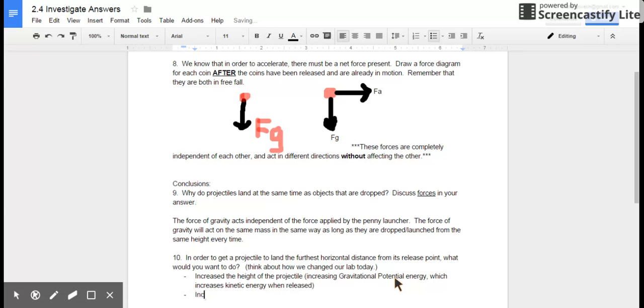We also increased the applied force or the elastic potential energy, which increases kinetic energy when released.